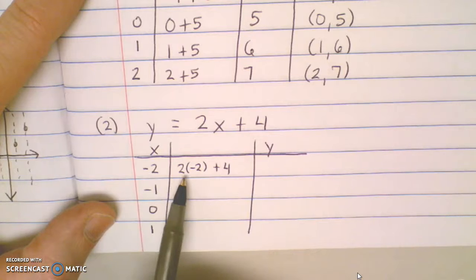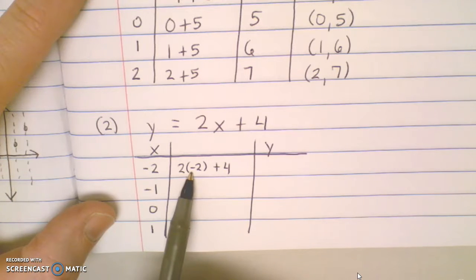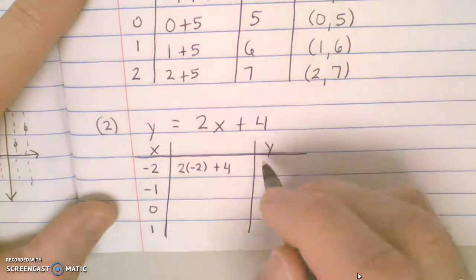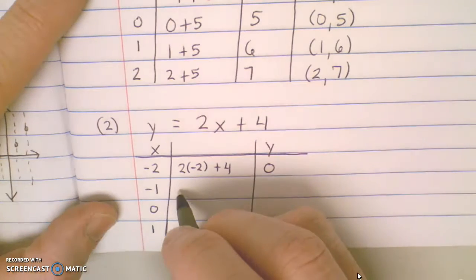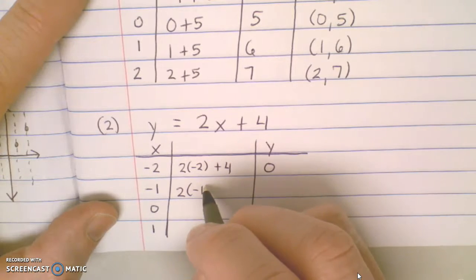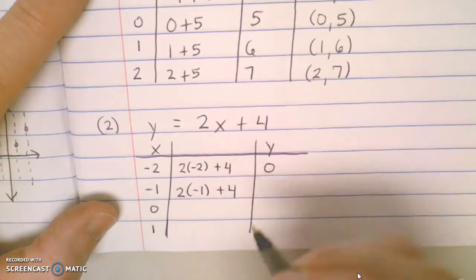And so now you'd have to calculate that. 2 times -2 is -4. -4 plus 4 is 0. 2 times -1 plus 4.